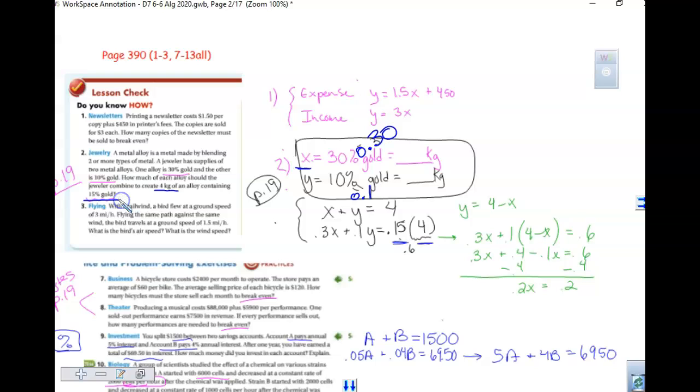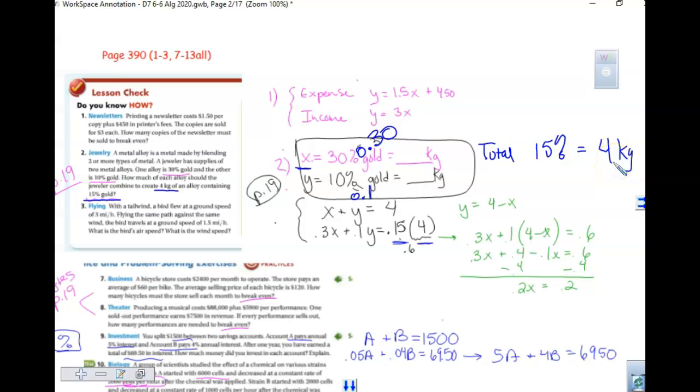And we want our gold to be 15%. So yesterday in class, I put my 15%, my total, as the 4 kilograms, which means these two have to add up to equal 4. So it could have been like 1.5 and 2.5.